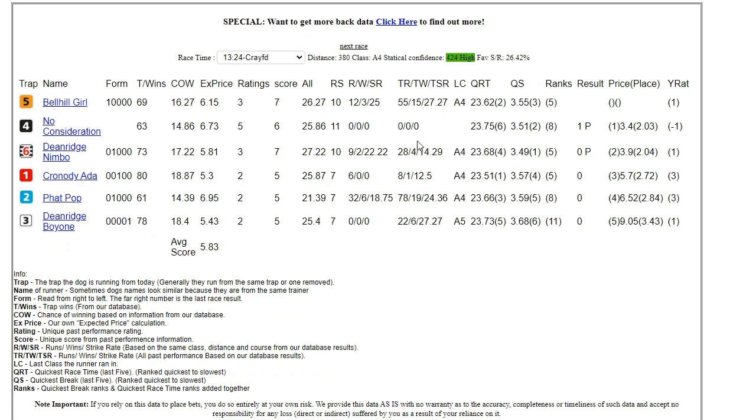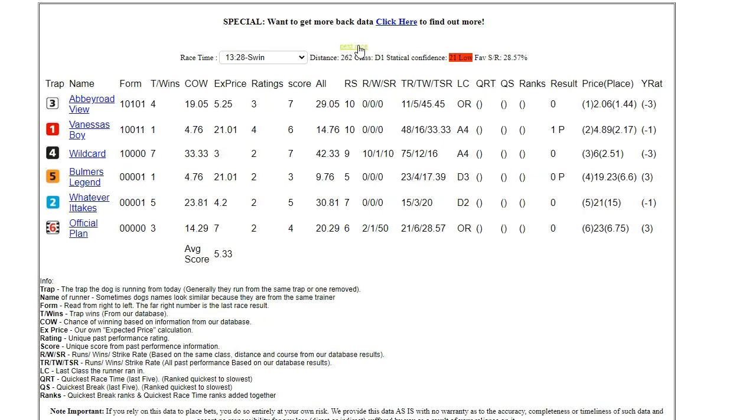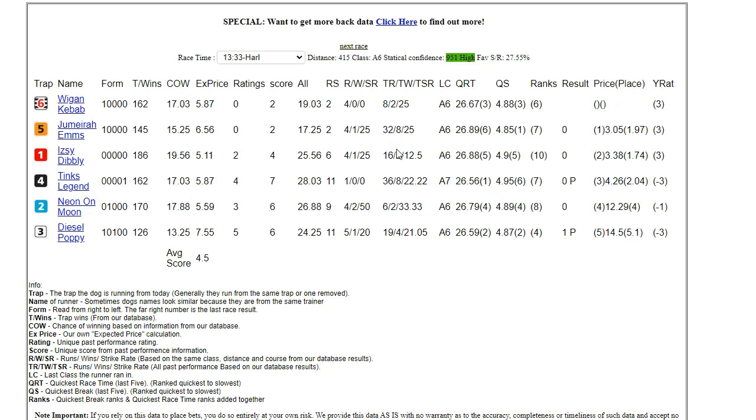So again here, this one was quite difficult, but 27 and 25, and out of these two, that was the lowest one, and again it lost the race. Again, that one would have been a non-runner by the looks of it.